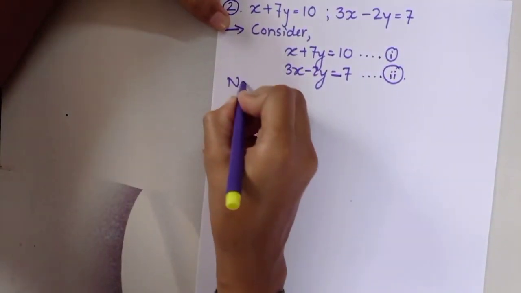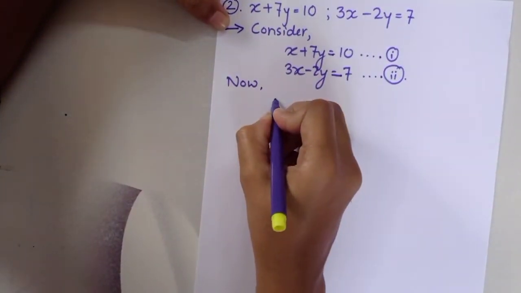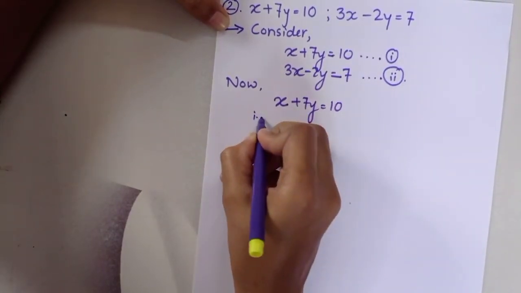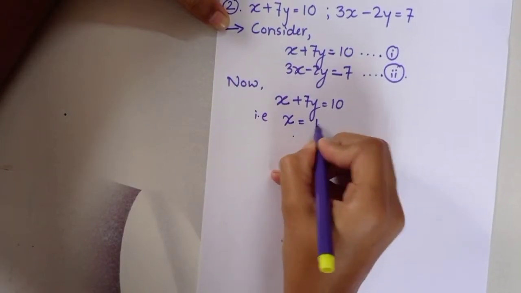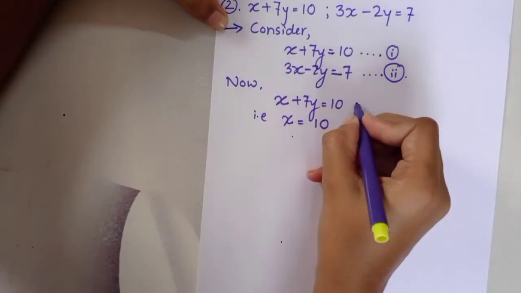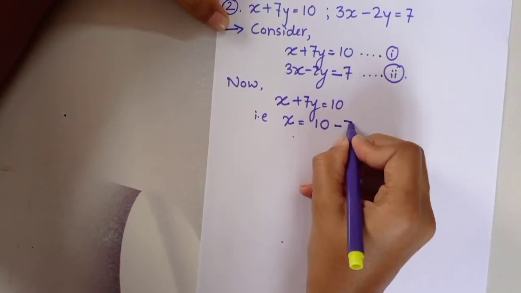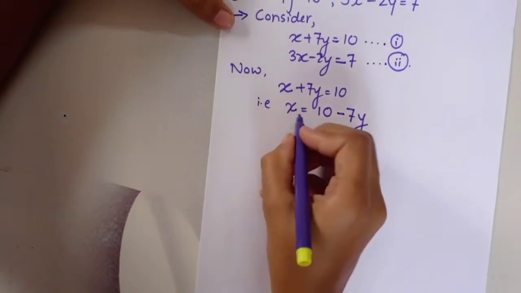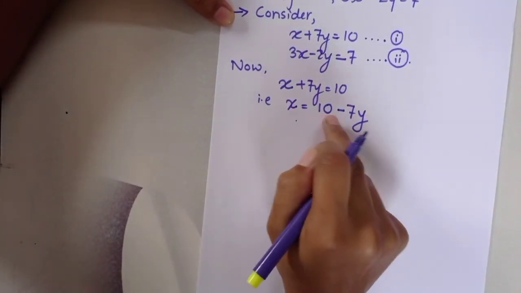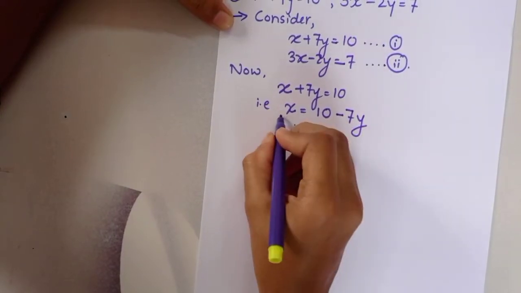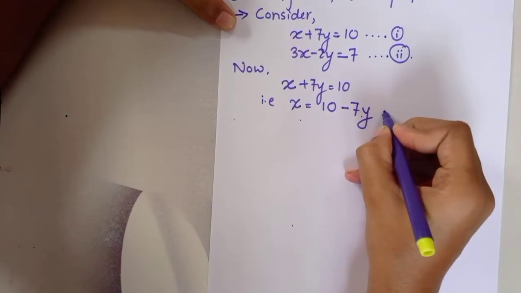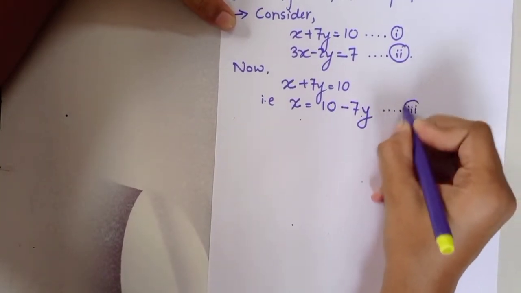Now, from the first equation x plus 7y is equal to 10, x is equal to 10 minus 7y, since plus 7y going to the RHS becomes minus 7y. Here only one variable, the value of x will be equal to 10 minus 7y. Now we have to put this value in the second equation, considering this equation as third.